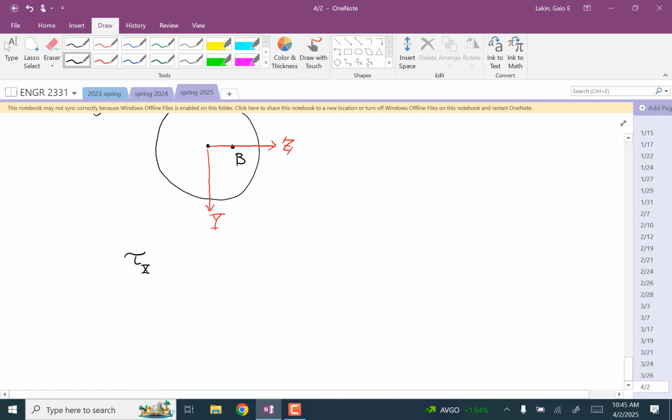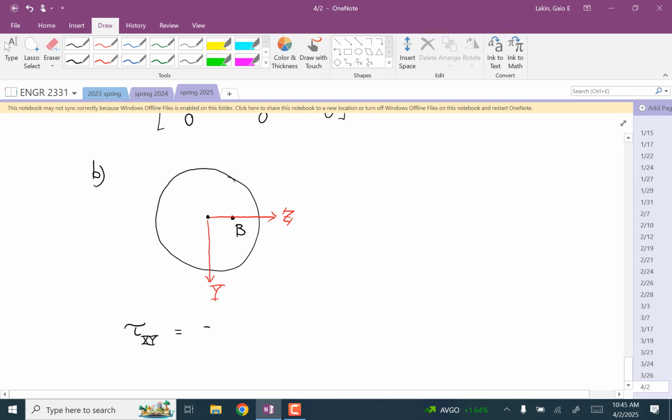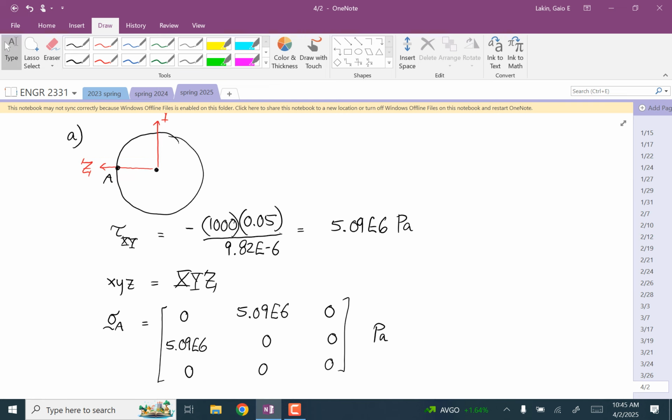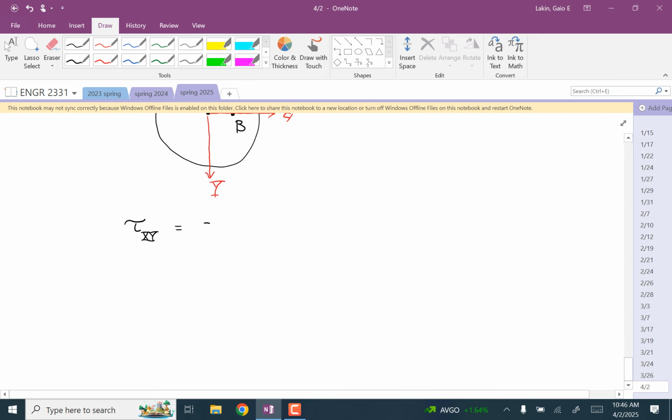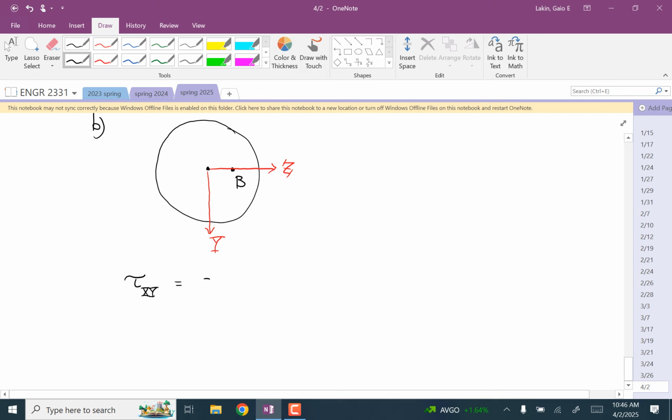So tau xy in the temporary coordinate system is negative... I left off the negative, don't do that. For part A, I don't know how I missed that, but it's important to remember that you can trust this sign in these calculations. Okay? So we have tau xy is negative 1,000 times, what's the rho here? 0.025?